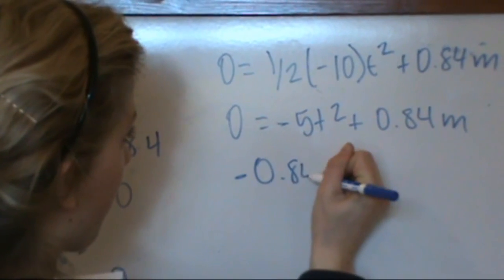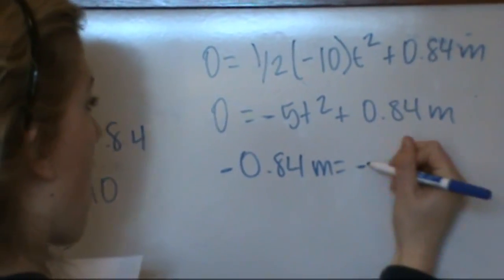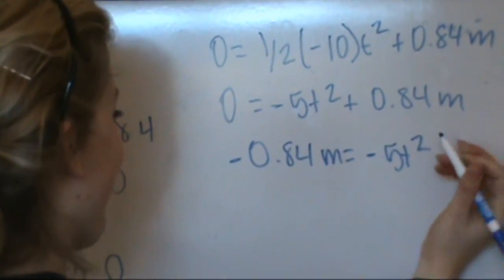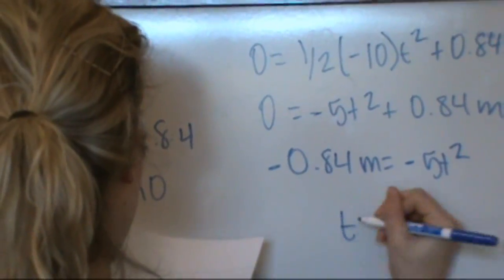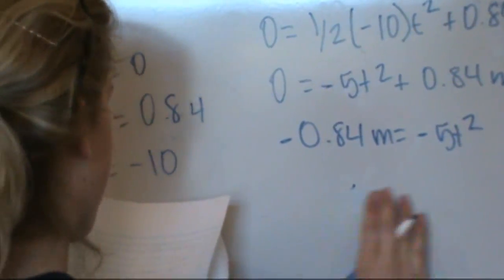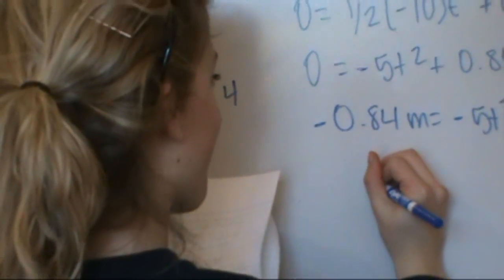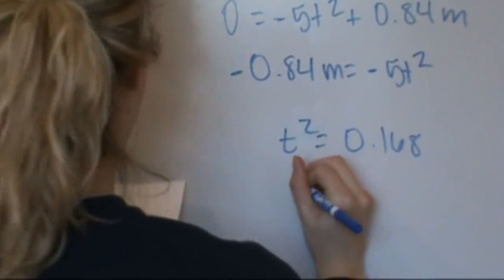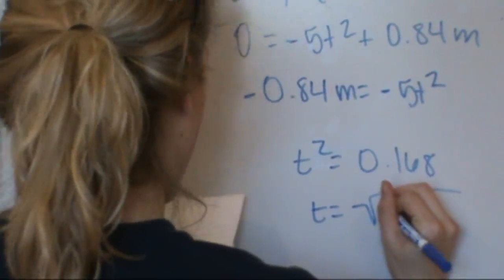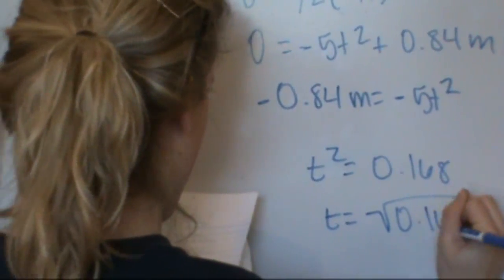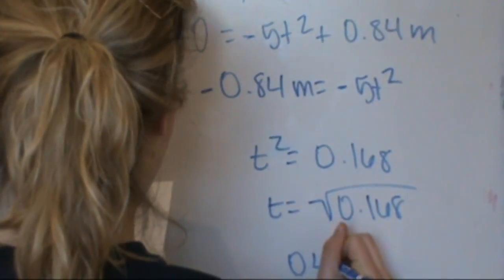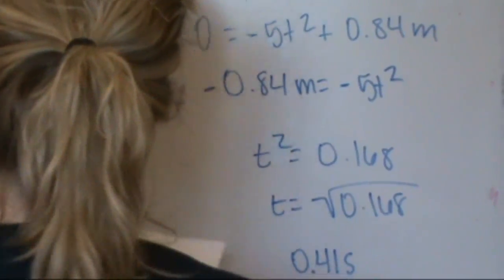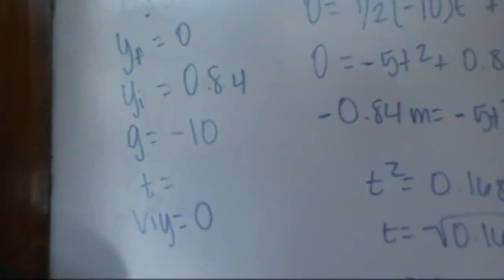Negative 0.84 meters. Then we find t is the square root of 0.168, which is 0.41 seconds is the time.